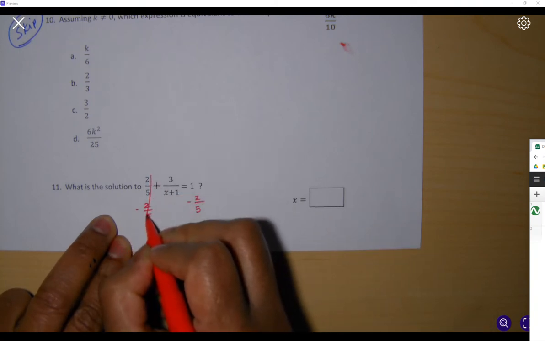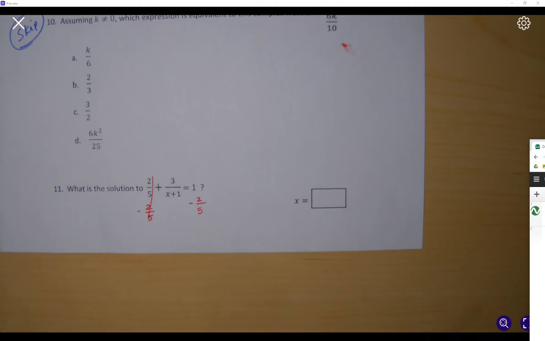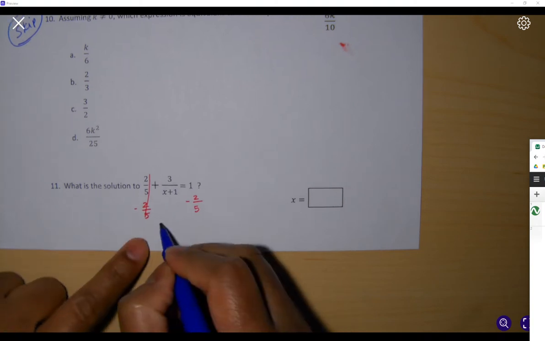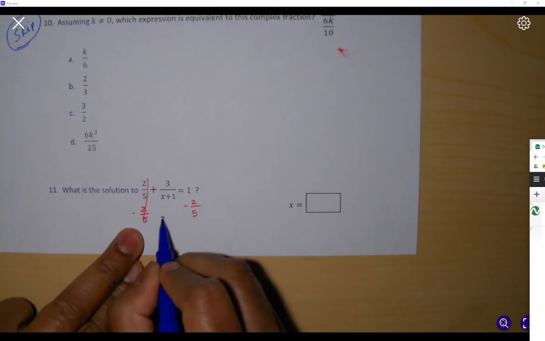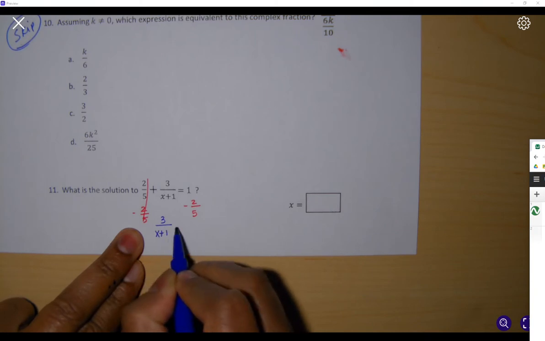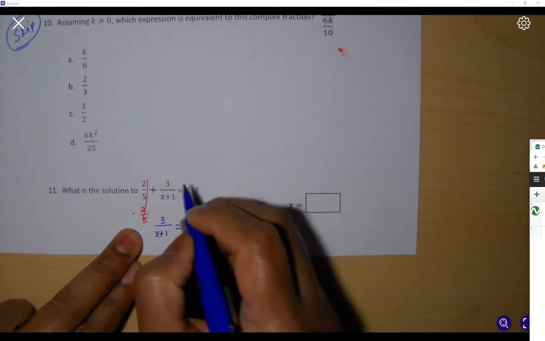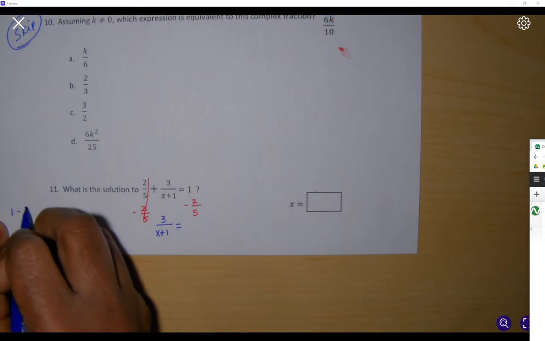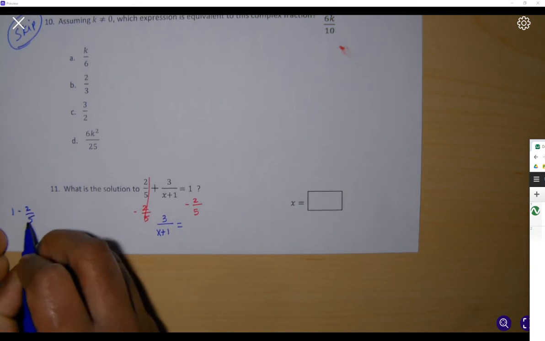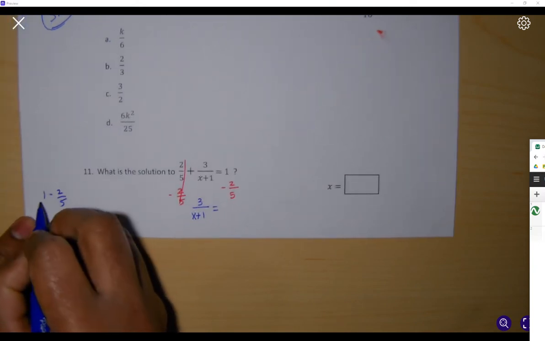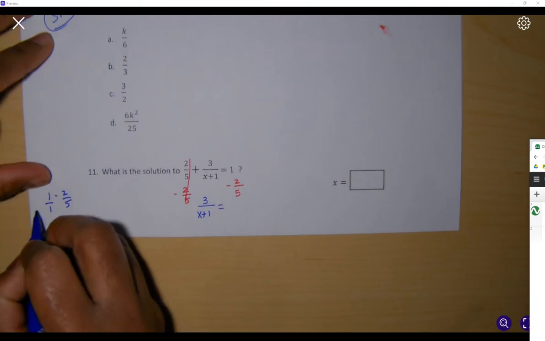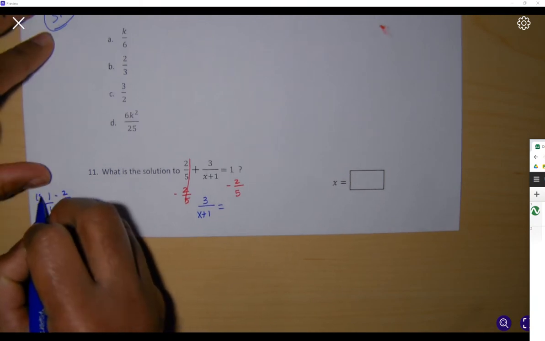So that is 0. And so you have 3 over x plus 1 equals 1 minus 2 over 5. For 1 minus 2 over 5, you need to put a 1, and then find a common denominator.